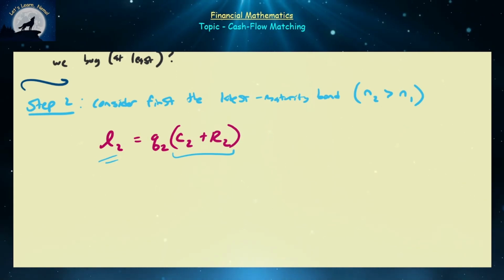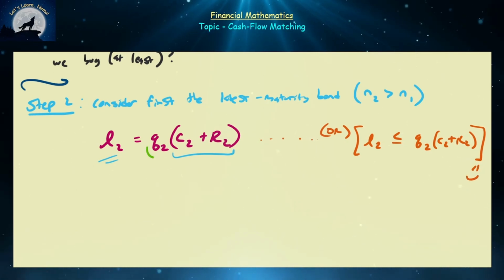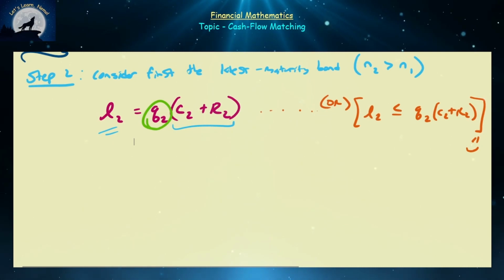Generally speaking, we don't necessarily want it to be equal. If you want some profit, you would like L2 to be less than or equal to Q2 times (C2 plus R2). That would be something a little bit more ideal, but this value Q2 is the minimum value that you need in order to price match or cash flow match at time t equals 2. So we can very easily solve this equation for Q2.